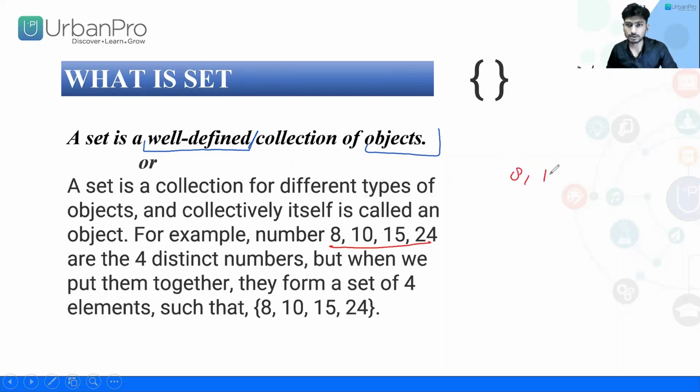These are numbers, and we have written them in simple form, separated. But if I put the curly bracket sign at the starting and at the end, then it will become a set. Okay, we can give a name, like as I have given a name A.